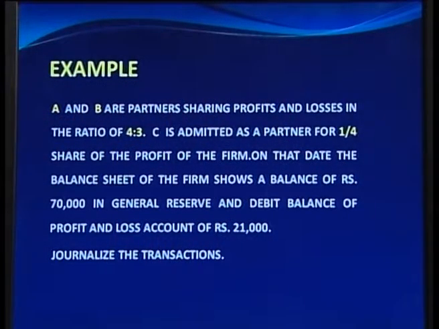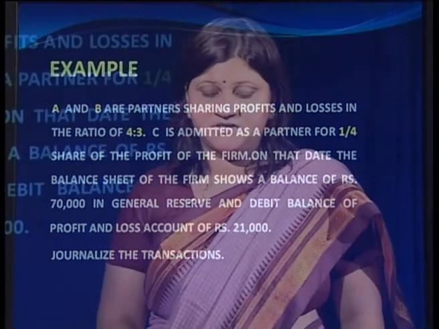Similarly, it is also showing a debit balance of profit and loss account. So, it amounts to a loss, and this loss is 21,000. The practical aspect which we have to deal with is the distribution of this profit and loss and the reserve reflected at the date of the admission of the partner.